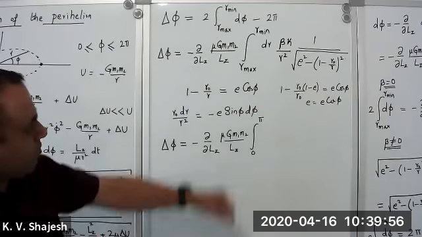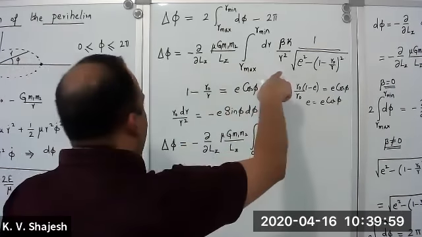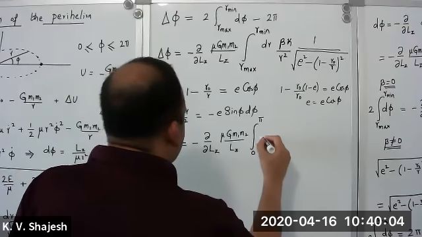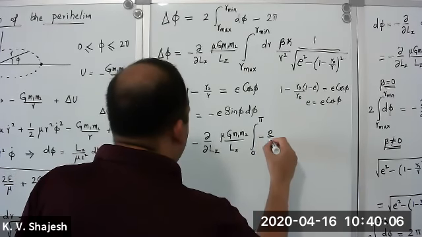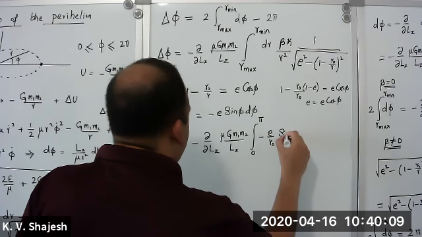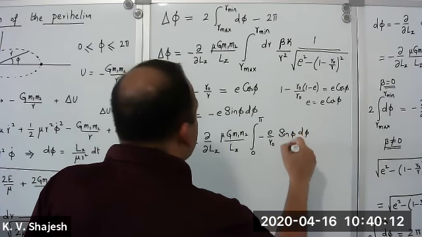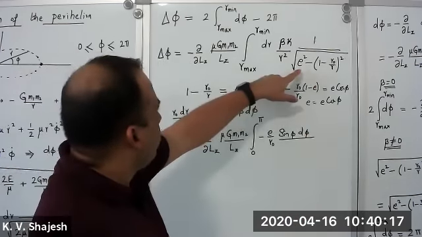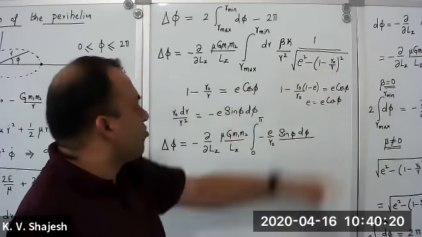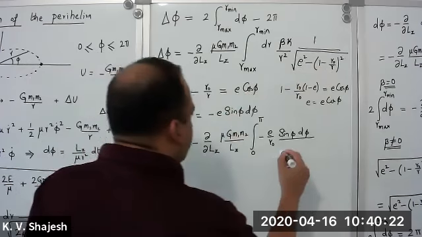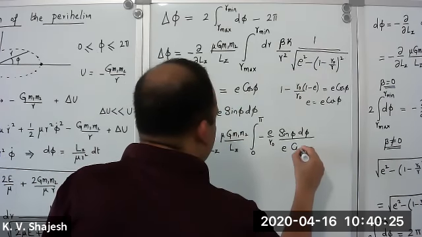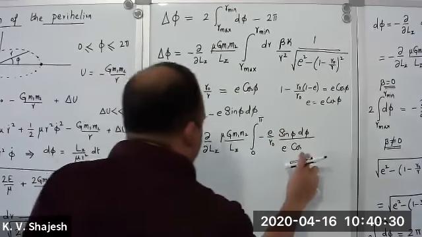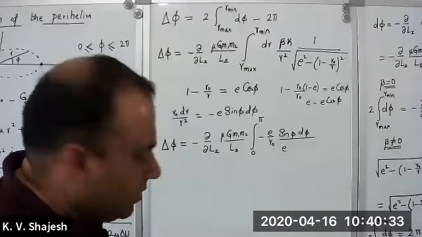That's how I got the same thing with pi. dr over r squared is e over r naught, so it's a minus e over r naught sine phi d phi. And here in the denominator, I've substituted 1 minus cosine squared comes in. There is already an e, so there is an e cosine phi. Also sine phi, right? Because if I substitute it, it's sine phi.